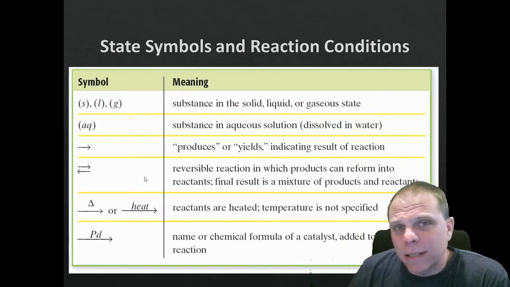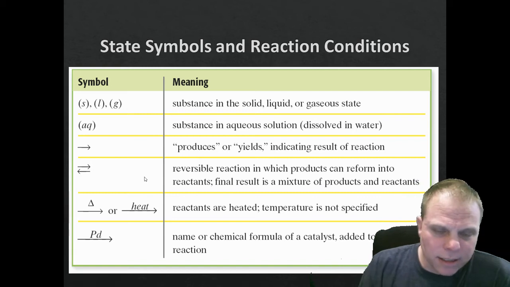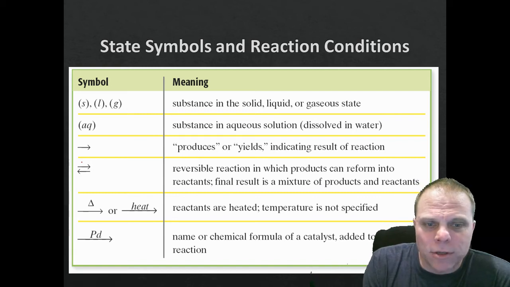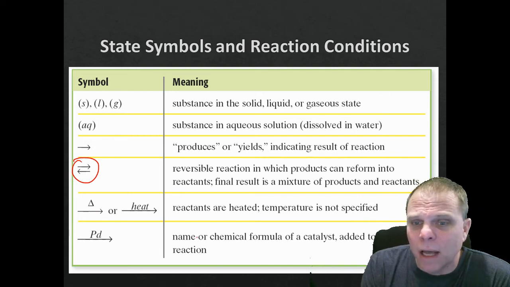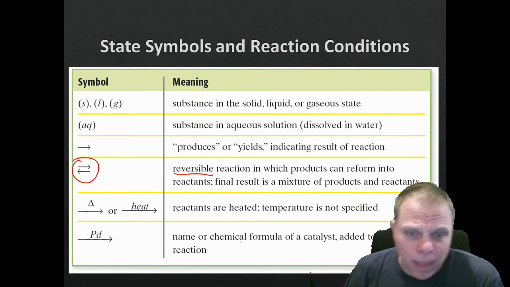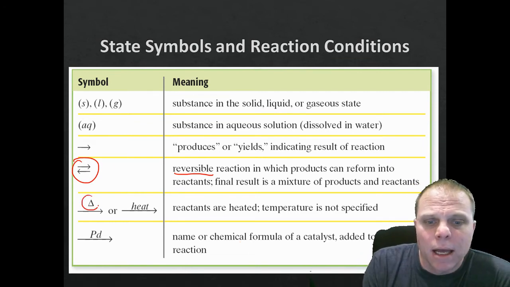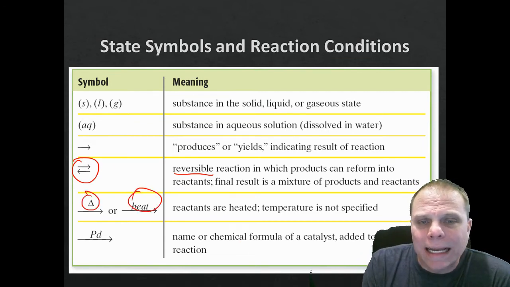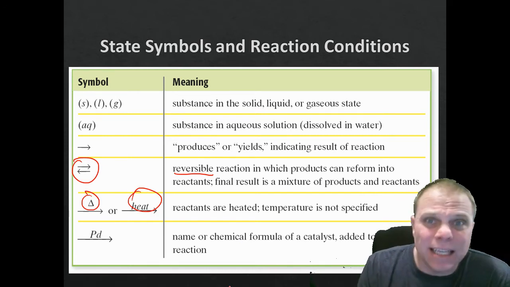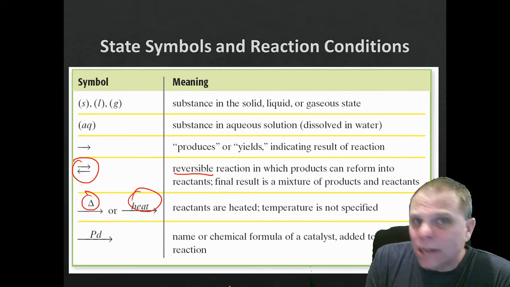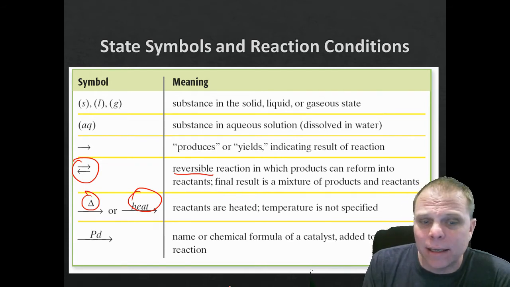So here's a basic table that kind of summarizes a lot of the things that we need to know. A couple things that I haven't shown you yet. This double arrow means that the reaction can go in both directions. Oftentimes we use this with equilibrium reactions. This is a reversible reaction. Okay, we also use symbols like a triangle or heat to tell you that this reaction actually needs heat in order to progress, that the reaction won't take place unless we add heat to it.